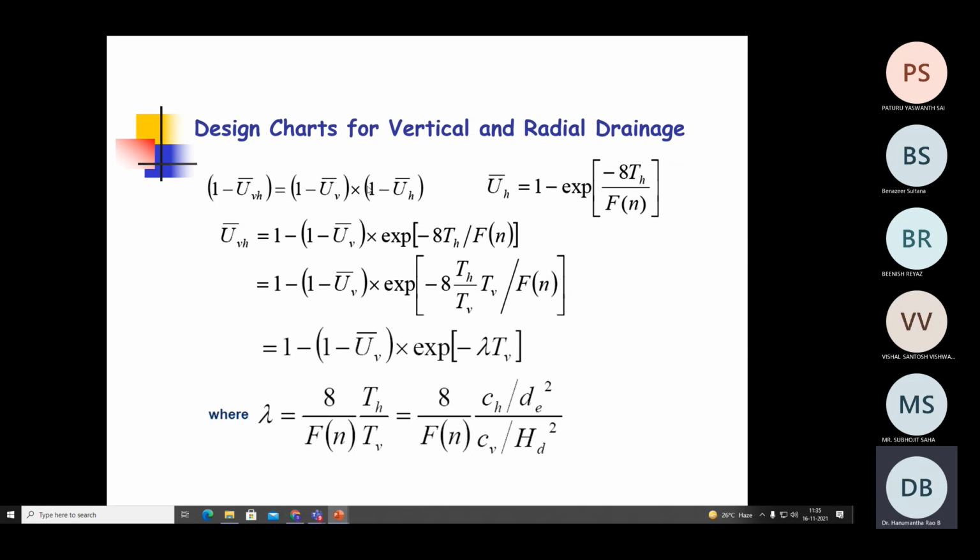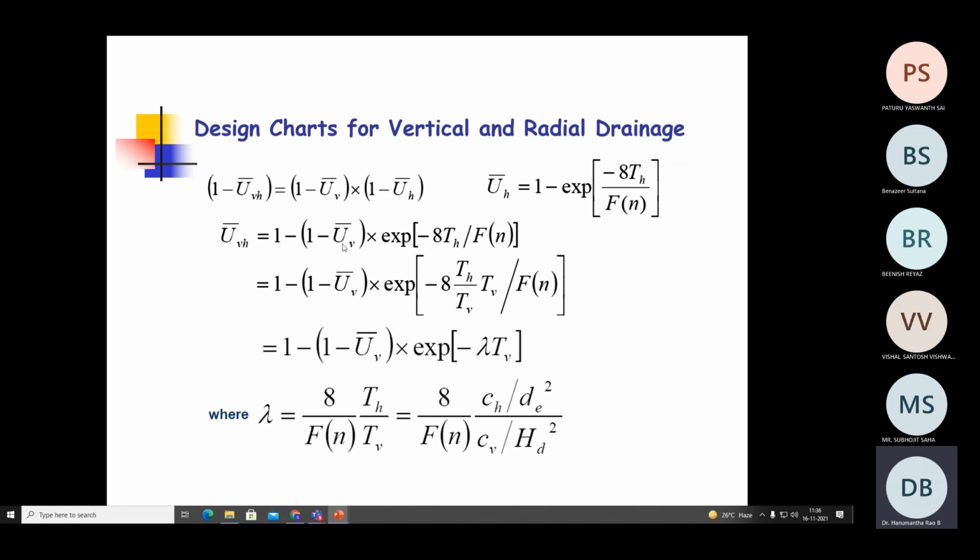So this equation you need to remember, where UH is 1 minus exponential of minus 8 T_H by F of n. So F of n without accounting for the smear effect, with only accounting for the smear effect, and with smear plus well resistance. For UV, you have seen the equations already, so I don't need to repeat it again.